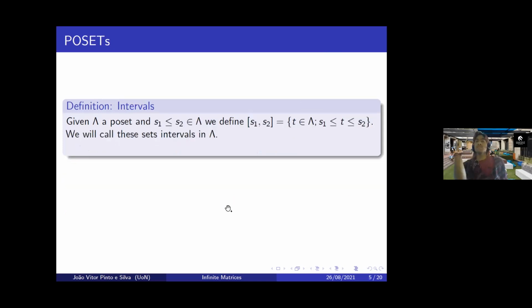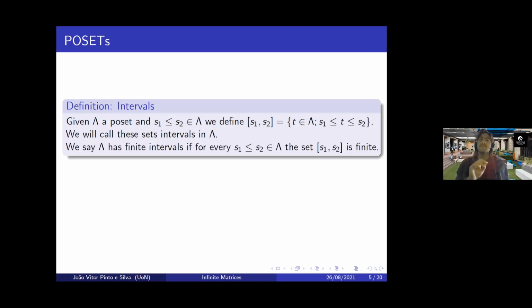Now for another important definition for us, given a poset lambda and two elements that are comparable to each other, s1 and s2, we define the interval s1, s2 as all the elements that are between s1 and s2, including s1 and s2. And we will say that lambda has finite intervals if for every pair s1, s2 that are comparable, this set is finite.